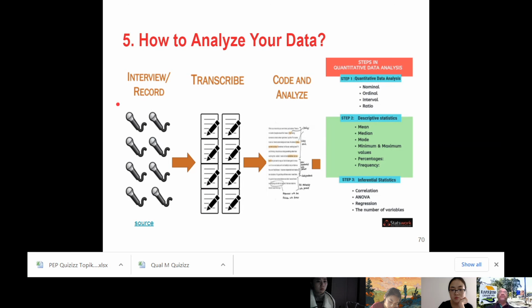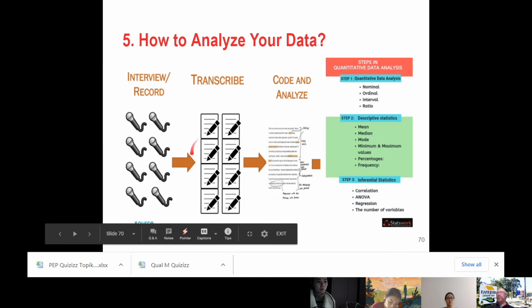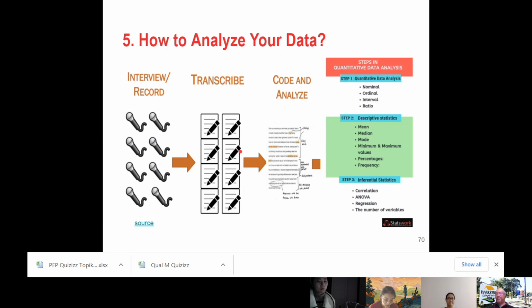And you need to transcribe. Transcribe means write it down, word by word, exactly what is being said.